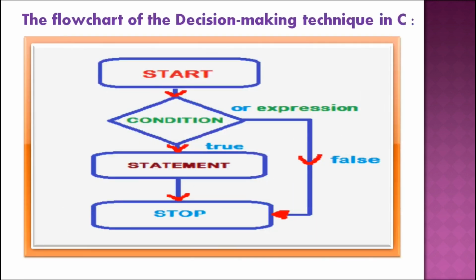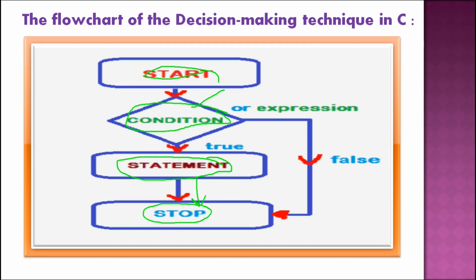Here we can see the flowchart of the decision making technique in C. First we start our program. Then it looks at our condition. If the condition is true, then it will execute our code, or the statements which we gave in the block, and after the execution is completed, our program stops.